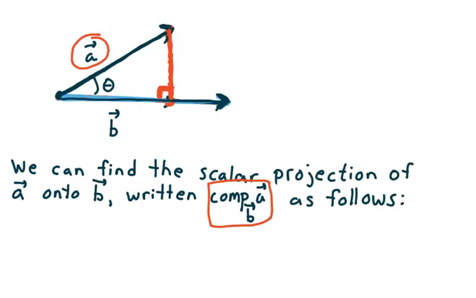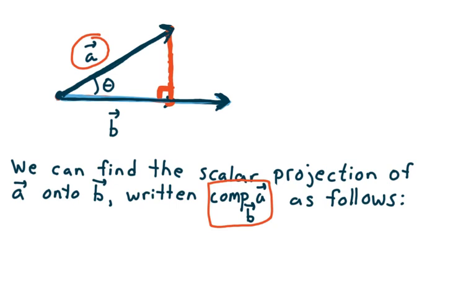Now what we want to do is look at the scalar projection of A onto B. Notice how I'm highlighting the vector A, that's right here, and I have the vector B that's along here.